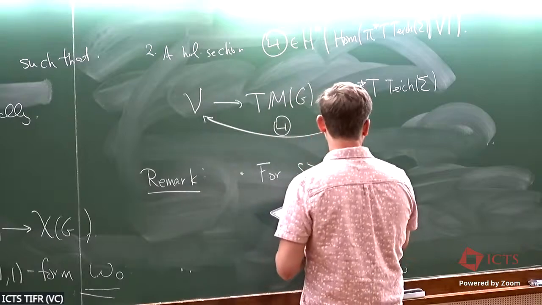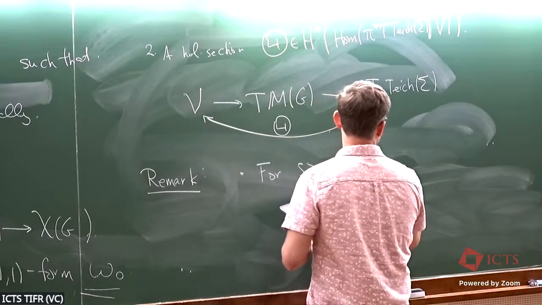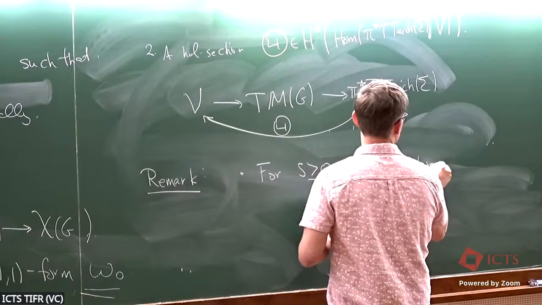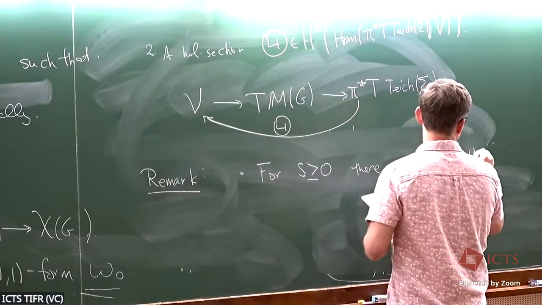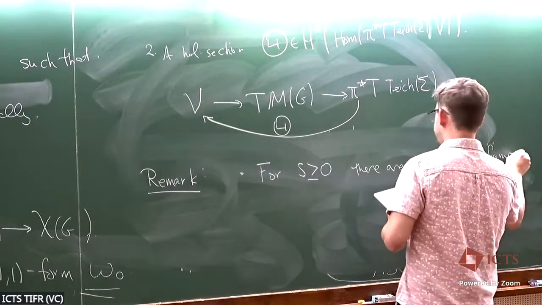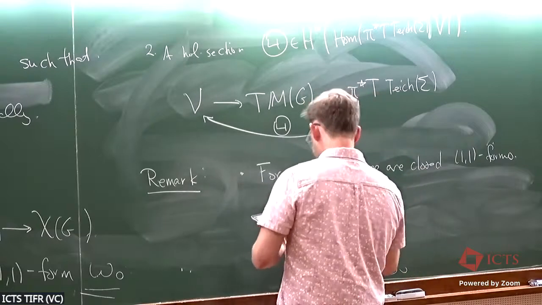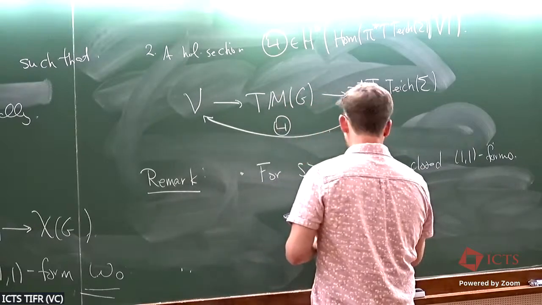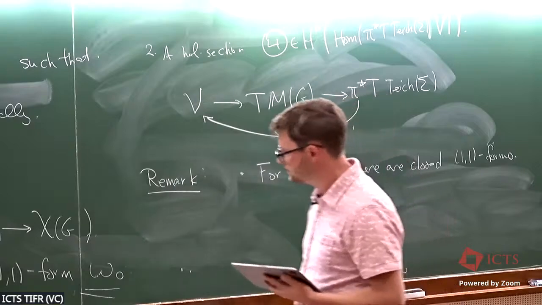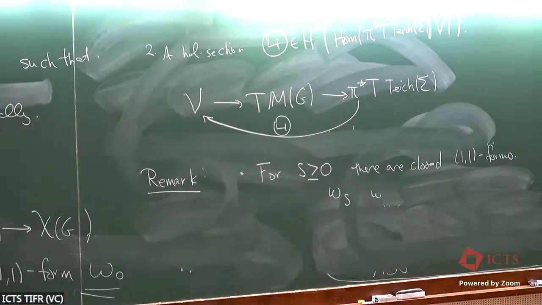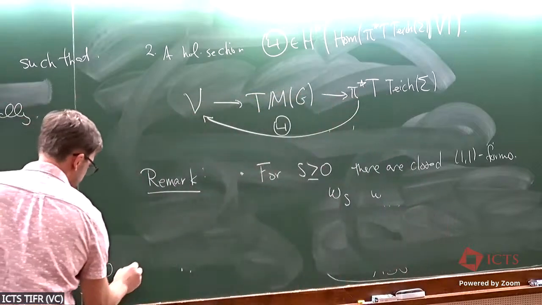So from the construction, we'll see that for a non-negative number s, there are closed (1,1)-forms, which I'll call omega_s. Oh, sorry, I forgot to emphasize one of the main points.